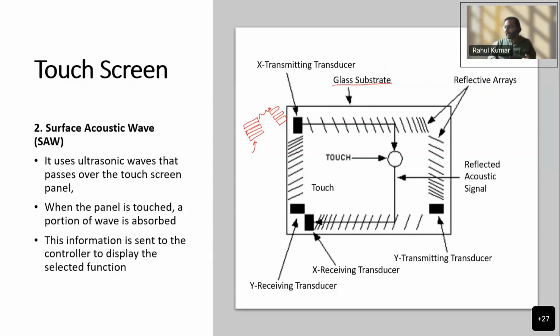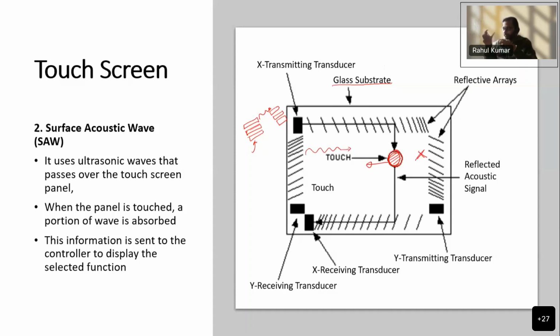And if you are touching a certain portion or a certain place, these waves will get reflected back and you will not receive any wave on the other side.